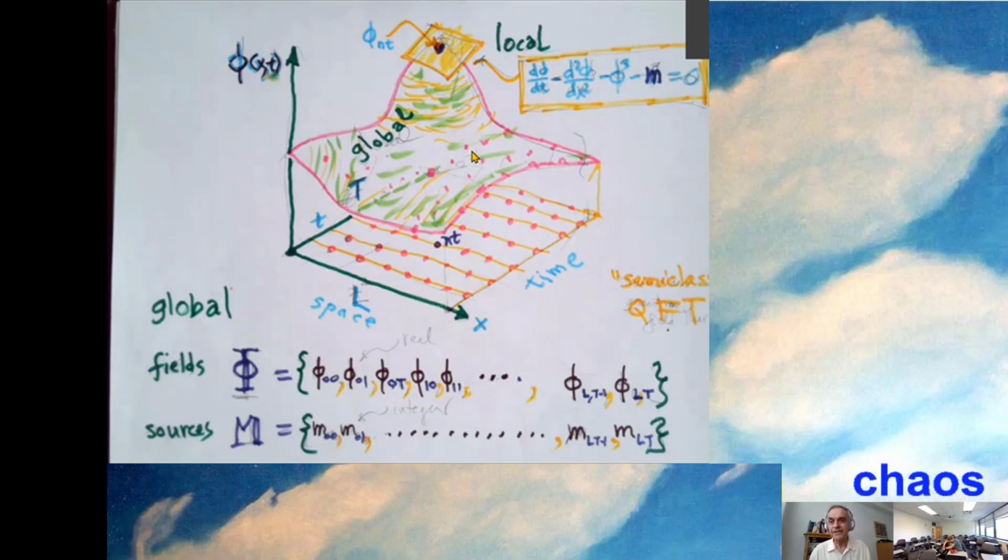What mathematicians, geometers mean by tangent bundle is a bundle of these linear spaces, which here is drawn as a plane, but in D dimensions it's some vector space, which is not a plane. And you have a bundle of those. You have infinitely many of those. At every point, there is a tangent plane.